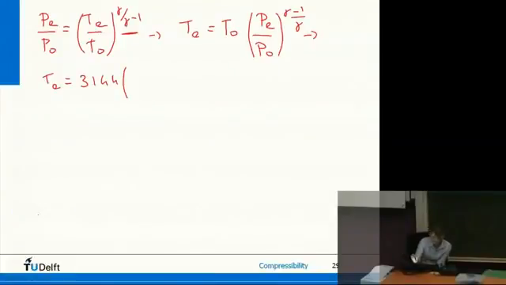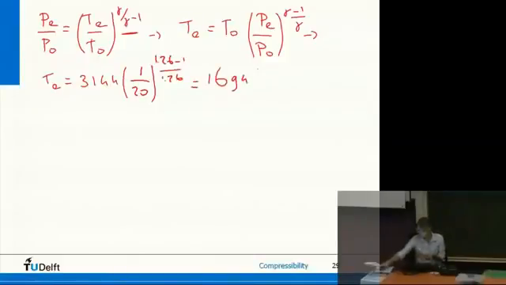So P exit 1, P0 20, and gamma, does anyone remember gamma? 1.26, yes, perfect. It was given. 1.26 minus 1 over 1.26. And then we find the temperature at the exit being 1694 Kelvin. Okay, so step 1.